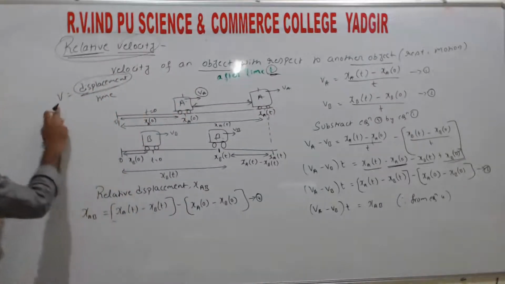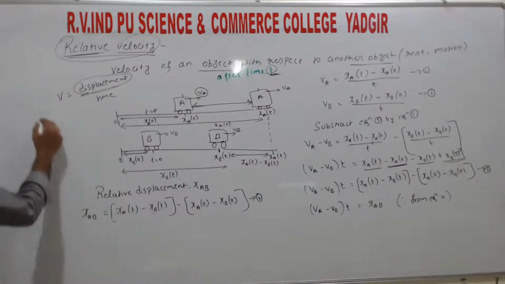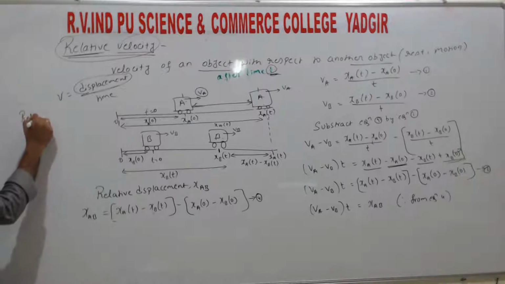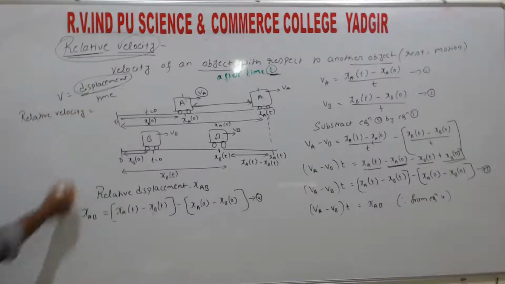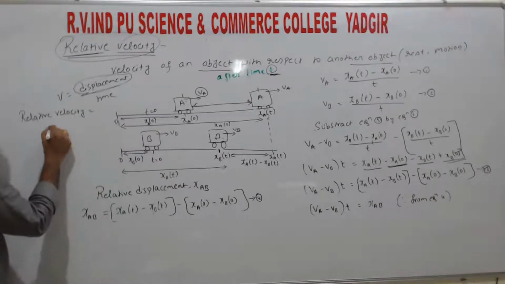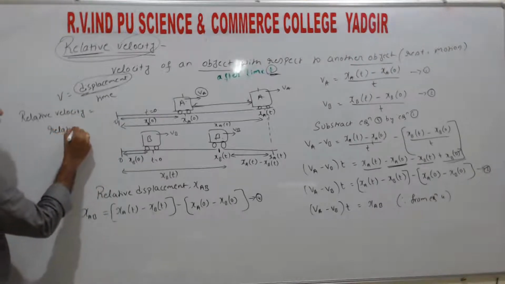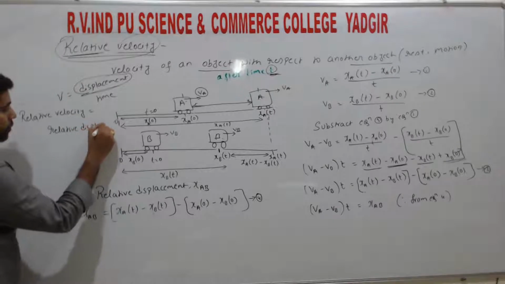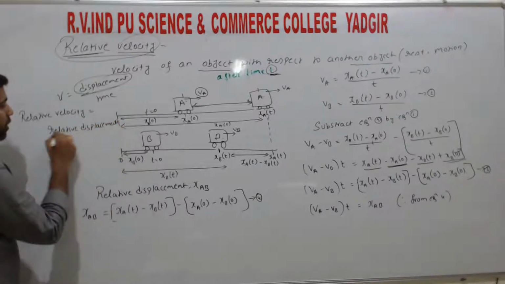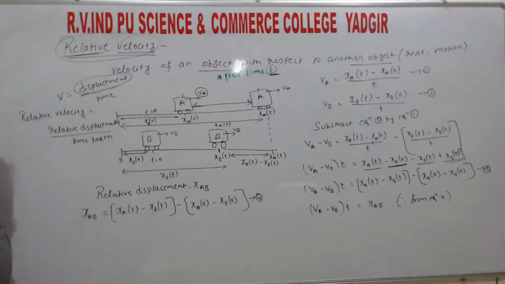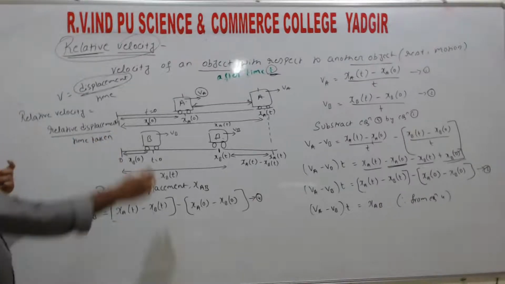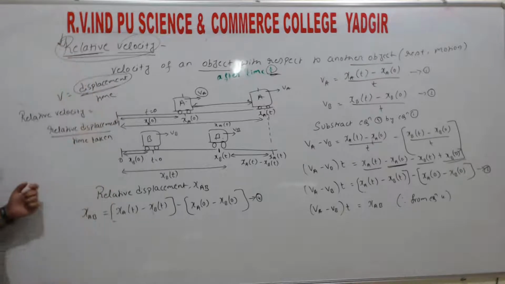So here we need the relative velocity. Relative velocity is equal to relative displacement divided by time taken. Here our main aim is to find the relative velocity.